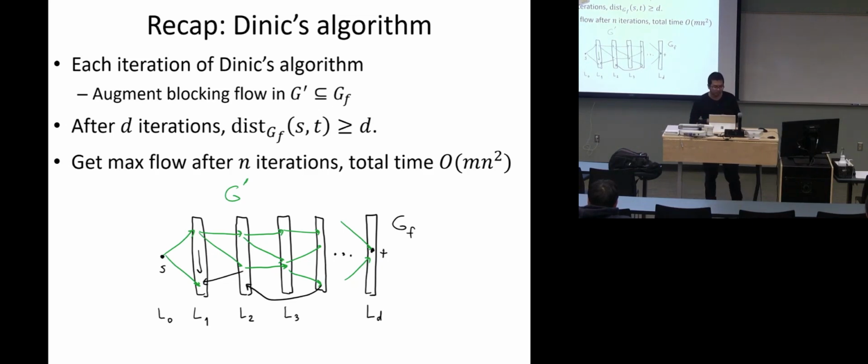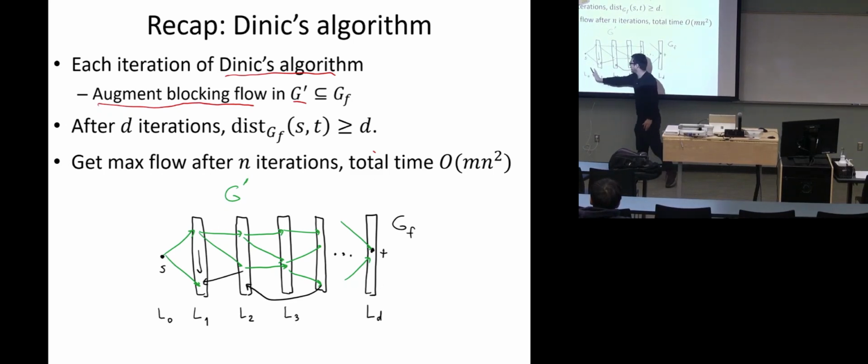I just need to recall something about Dinic's algorithm. So if you recall Dinic's algorithm, in each iteration we just augment the blocking flow in G prime. When you look at the residual graph and layer nodes according to their distance from the source, G prime just contains all the edges in the forward direction, and you augment blocking flow in G prime.